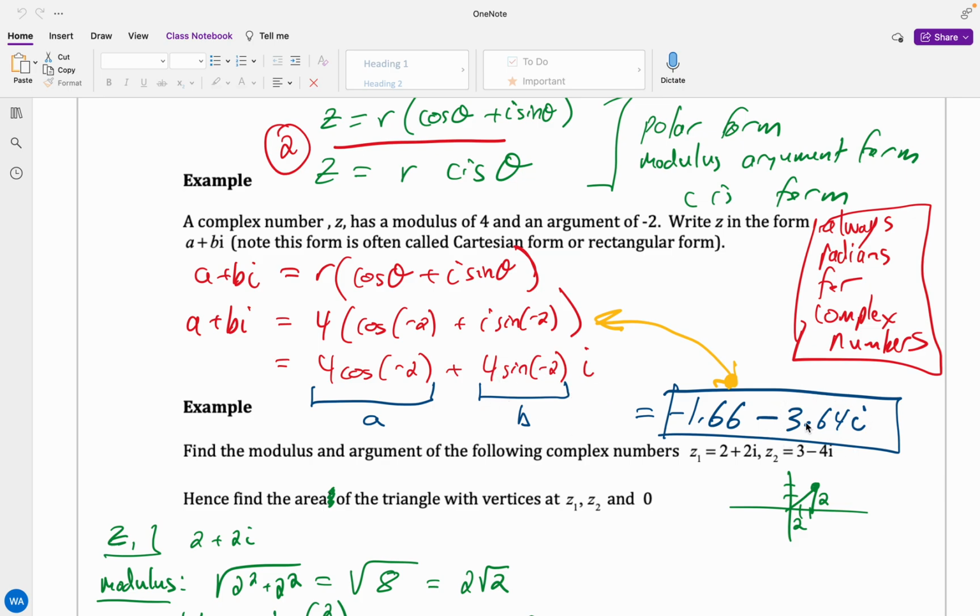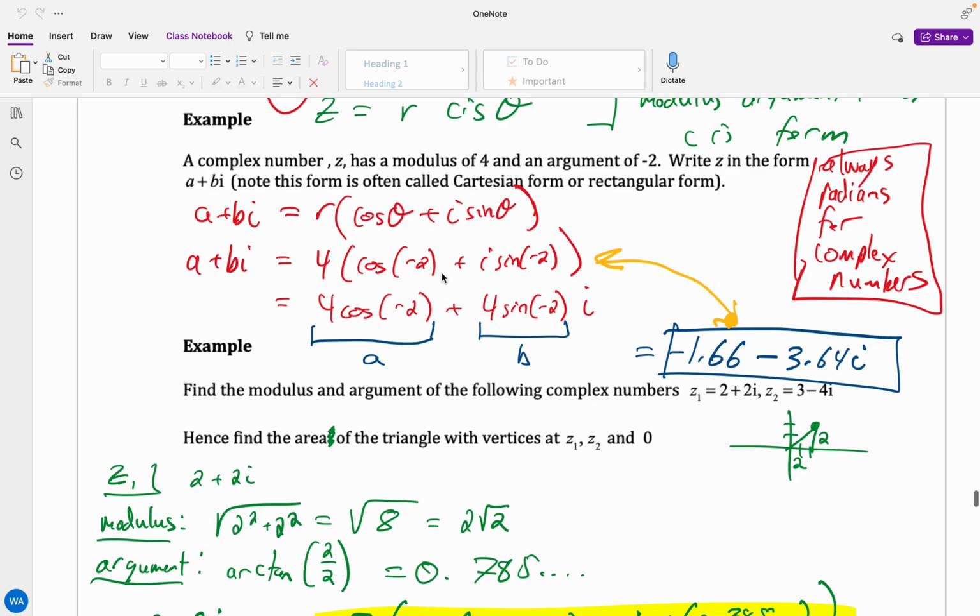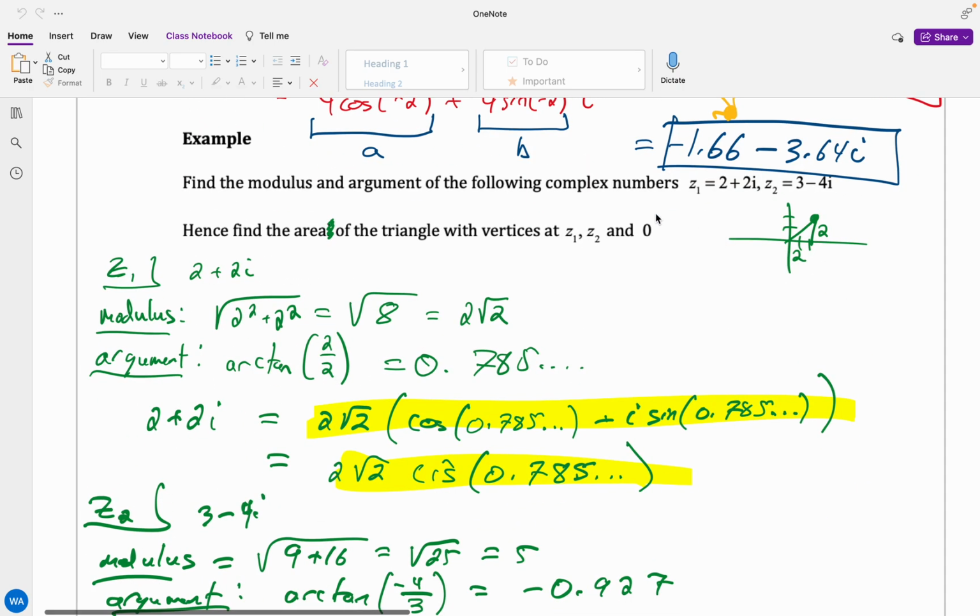This is the number in polar form, and this is the number in rectangular form, and they're exactly the same. They're just different representations of the same thing. And remember that we're always in radians for complex numbers, a very important thing.